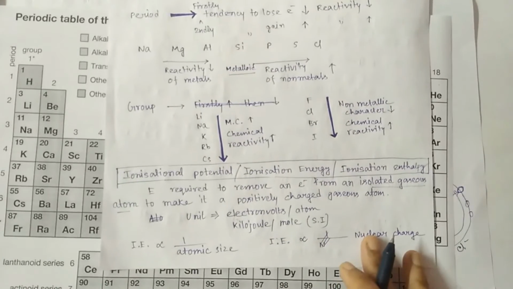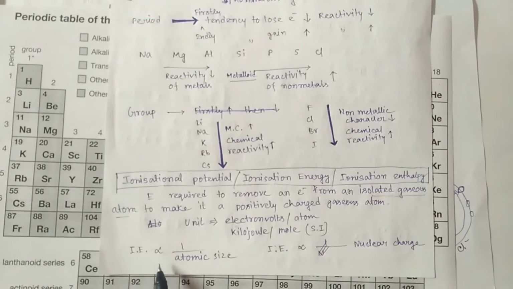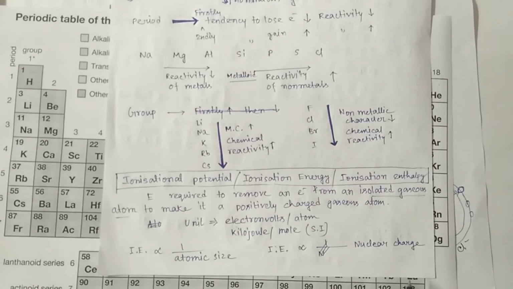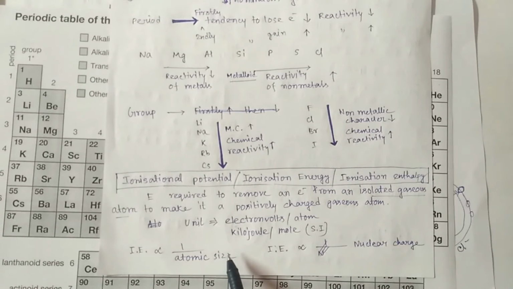Okay, so ionization enthalpy also depends on two factors: atomic size and nuclear charge. If we increase the atomic size, the outermost shell of an element will face less nuclear pull, and that is why the energy to remove an electron from its outermost shell will be lesser.